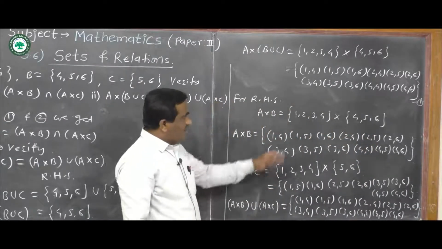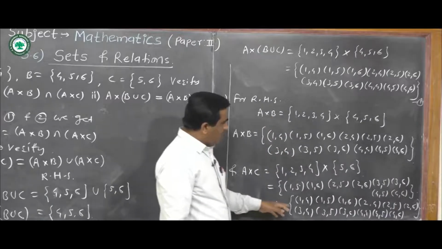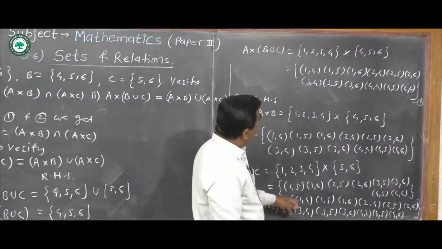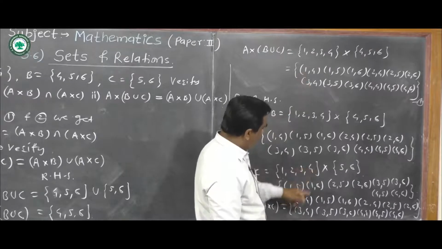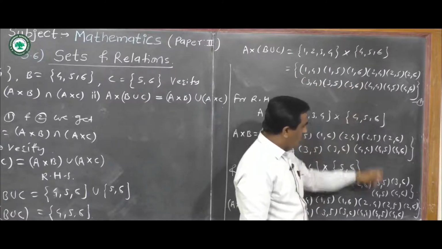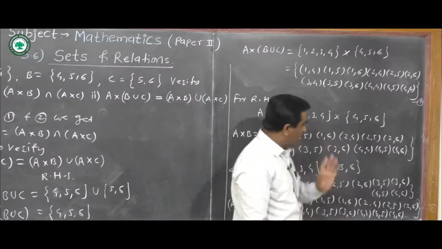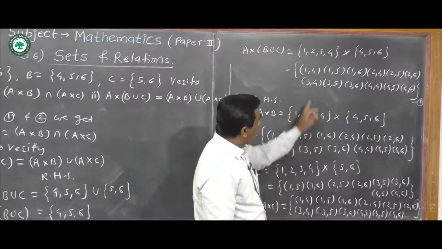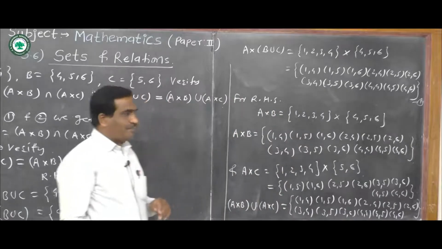Now from equations first and second, we can see here RHS is same, that is ordered pairs (1,4), (1,5), (1,6), (2,4), (2,5), (2,6). All ordered pairs are same, therefore RHS is same.